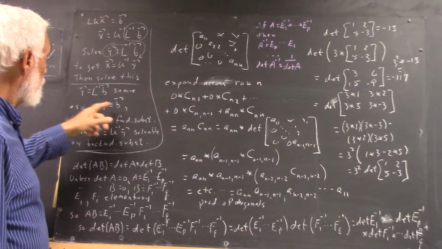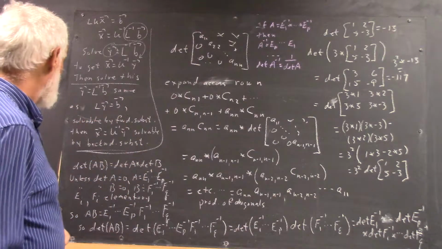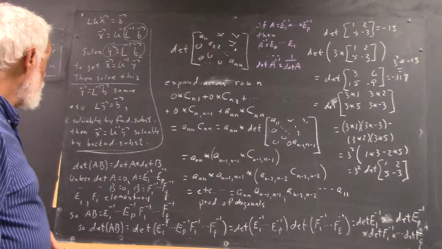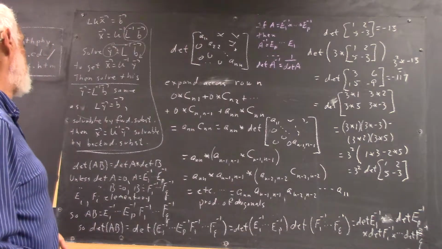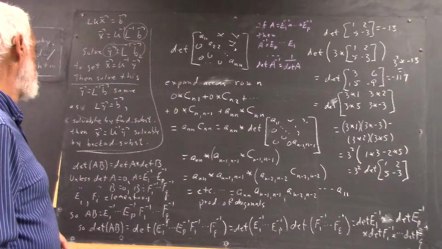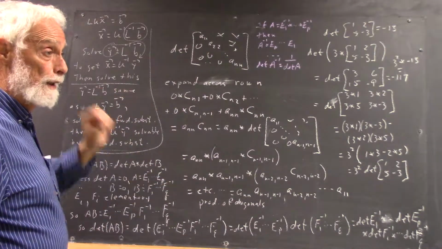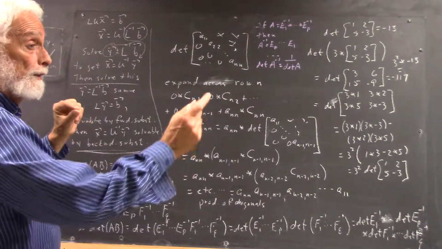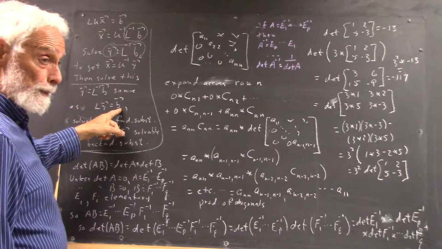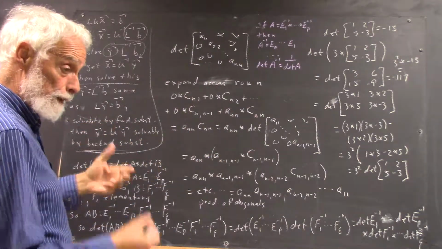Okay? In other words, if you write out this equation as a system, your first equation is going to be like x1 and a bunch of zeros is equal to whatever the first element of B is. Okay, so you're going to know x1, then you plug that in for x1.